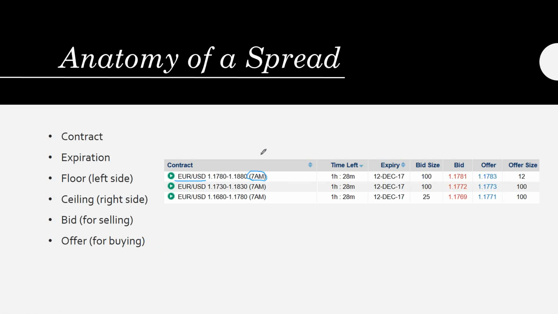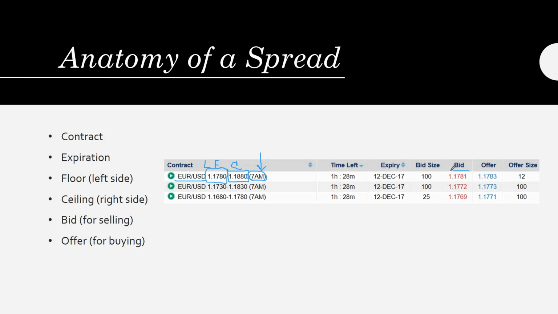So this tells me it expires at 7 a.m. Now, you also have a floor price, and that is listed on the left-hand side. And this is considered the floor. Over on the right-hand side, you have the ceiling, okay? So this is your ceiling, and this is your floor.